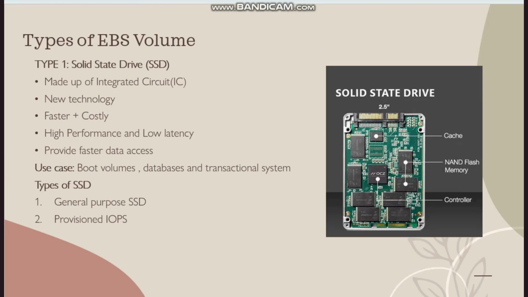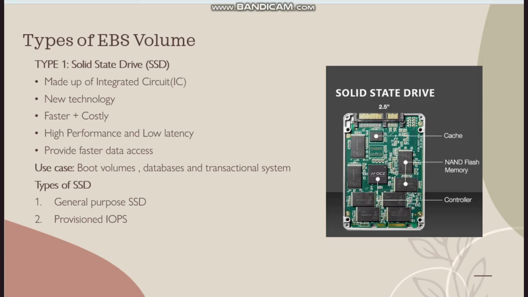Types of EBS volume. There are two types of EBS volume. Type 1, solid state drive, SSD. It is made up of integrated circuits, which means it is made up of chips, and it is a new technology. It is very fast and costly too. It provides high performance and low latency. Low latency means there is a minimum delay in the data transfer from source to destination, and it provides faster data access.